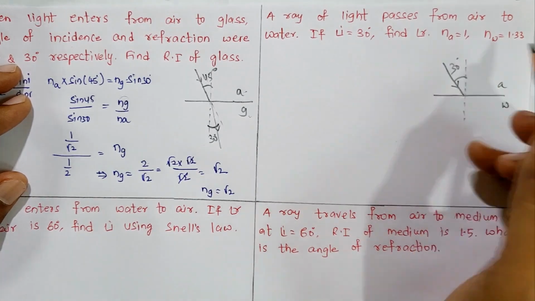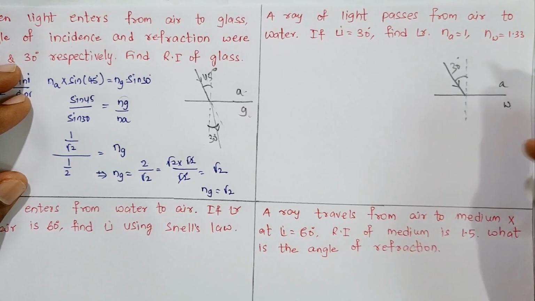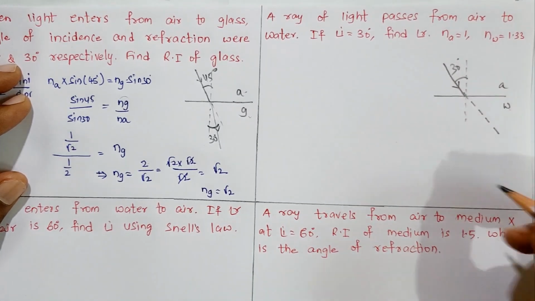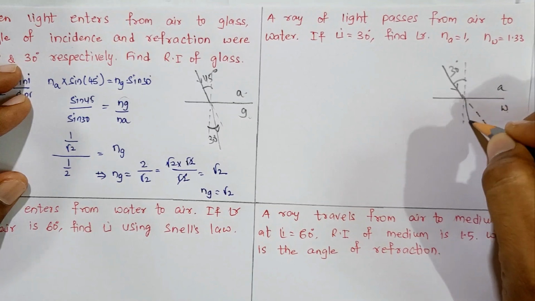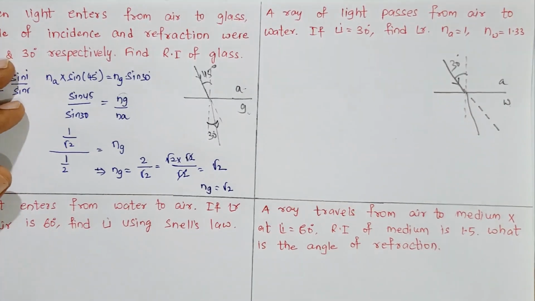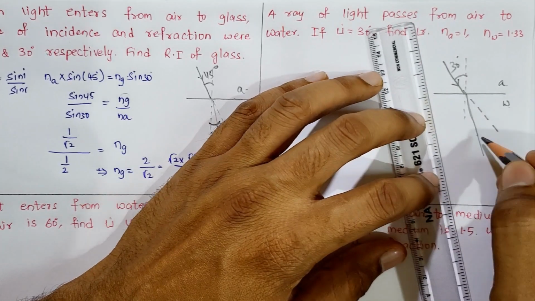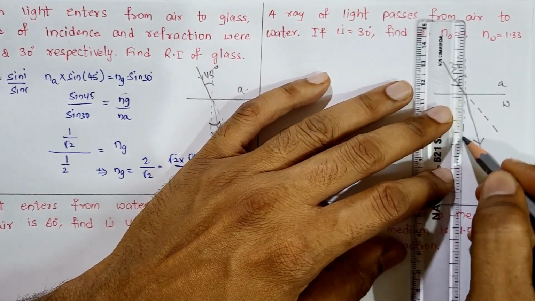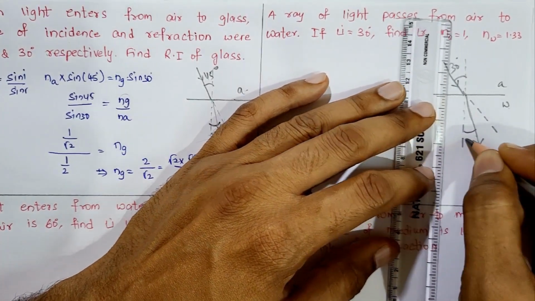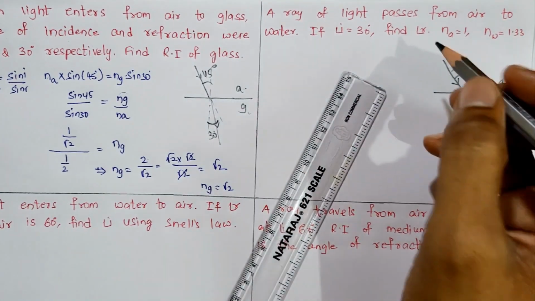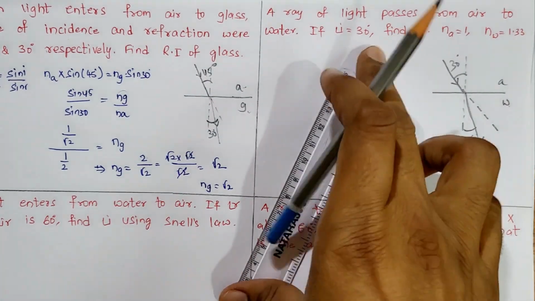It is passing from a rarer medium to a denser medium. When light passes from rarer to denser, it will definitely bend towards the normal. So light will bend like this and pass like this. Correct? So this one will be the angle of refraction. Now we have to find this angle of refraction.